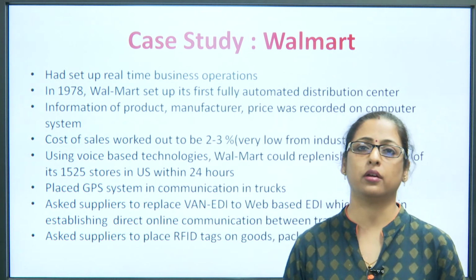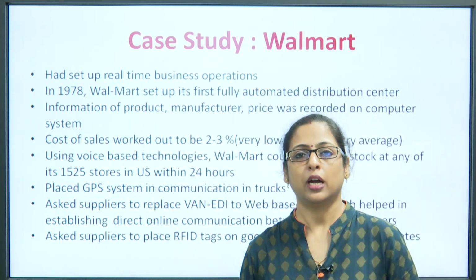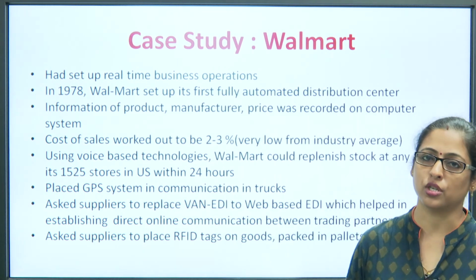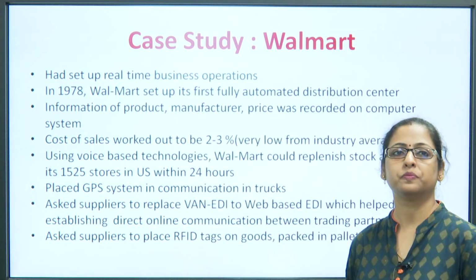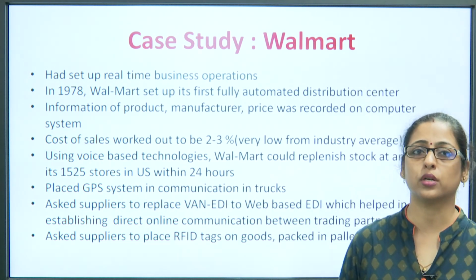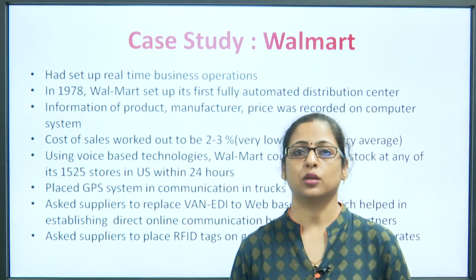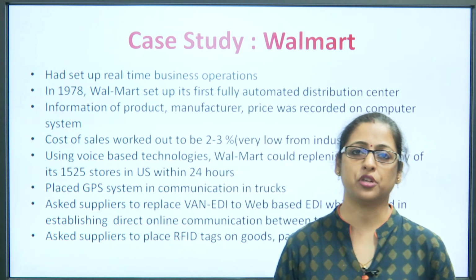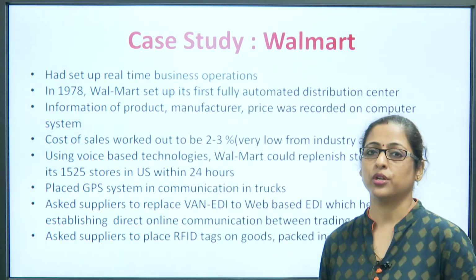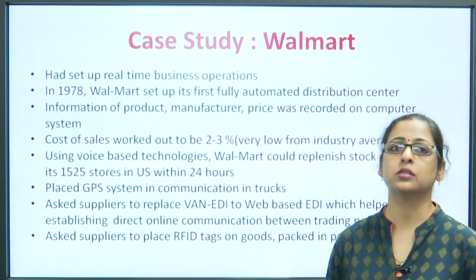That not only reduced the cost, but also helped the company increase efficiency and speed of working as well. The cost of sales worked out to be 2 to 3% lower than the industry average because of this automation of processes.